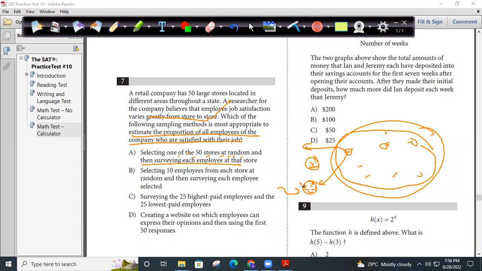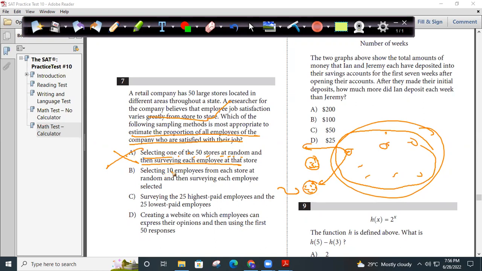If I then conclude that the employees of this company are not at all satisfied, the owner might come and beat me. So this is not correct. It is completely biased, not a random sample. Since it is not a random sample, you should not give A as your answer.